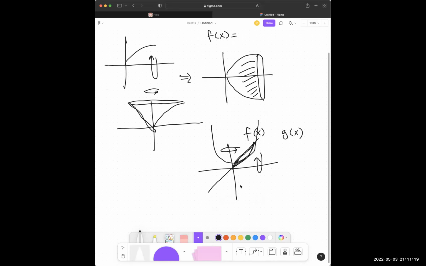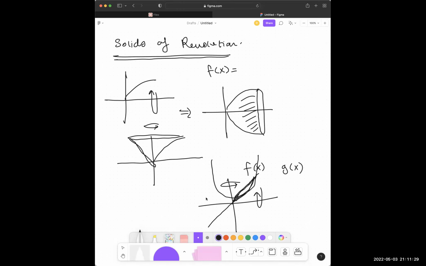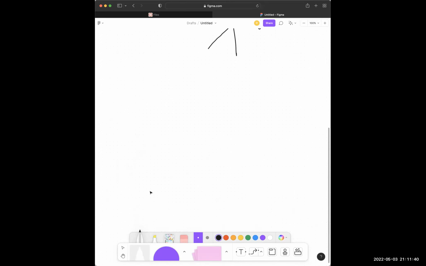So there are so many combinations and so many things we can generate by taking these functions and spinning them around a particular axis. And so that's essentially what this idea of solids of revolution is about: spinning them about an axis, generating a solid shape, and then finding the area of that solid. This topic comprises three methods.